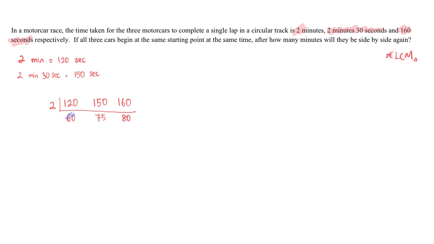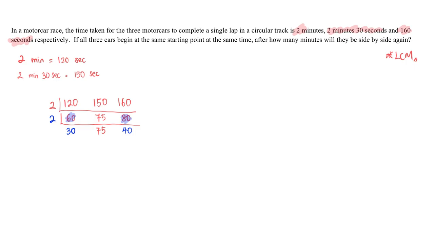In this case, I saw 120 and 160 having the common factor 2, so you can see me continue to divide by 2 to get 30, 75 I do not touch, 40.